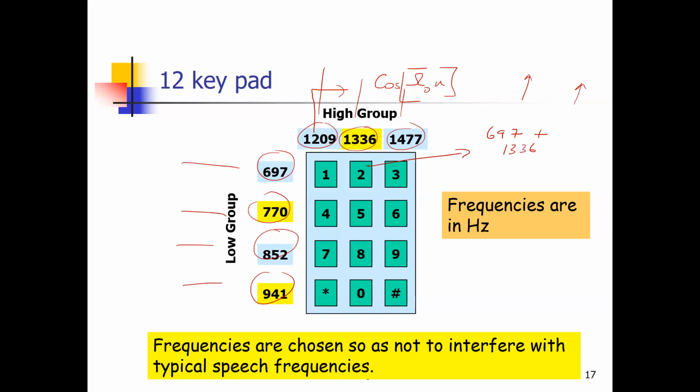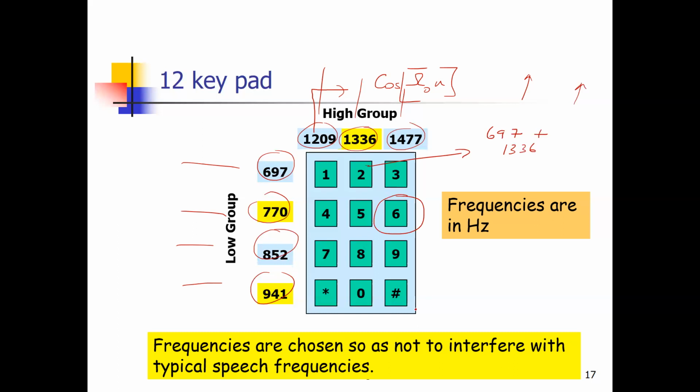When you press a key, the keypad matrix is read, and depending on how it decodes it, it will know, okay, let's mix the 770 signal with the 1477 signal. 770 and 1477 mean that somebody pressed the 6th digit, and you send it down the road.